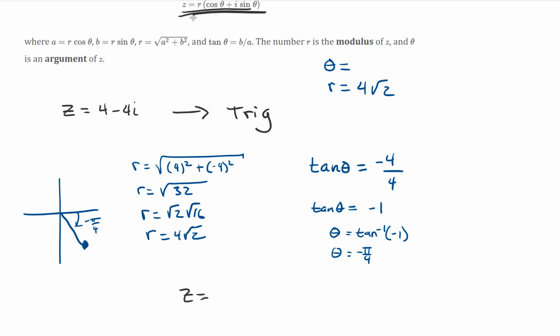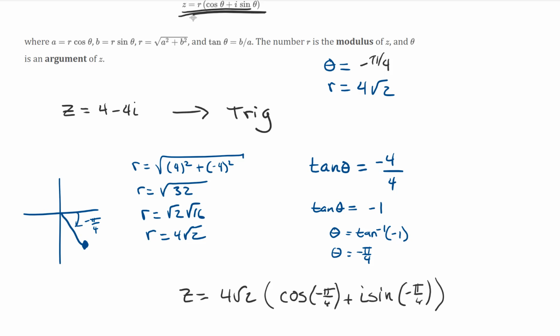Get rid of some of this nonsense. And r is going to be on the outside of our parentheses. So r was 4 root 2, times cosine of negative pi over 4 plus i sine of negative pi over 4.